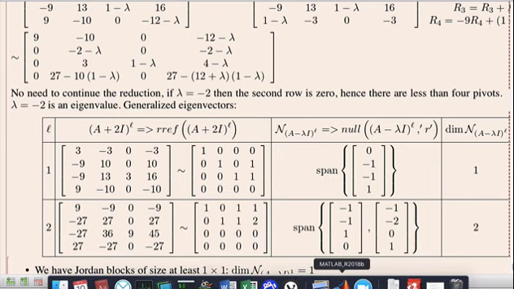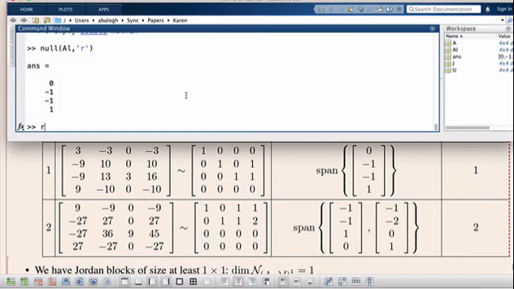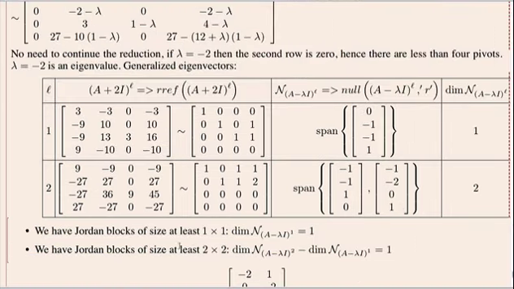Then we also calculate the reduced row echelon form of A L squared and the null space of this new matrix. And the dimension of this is 2. So what the theorem says is that we have Jordan blocks of size at least 1 by 1. We have one of them.